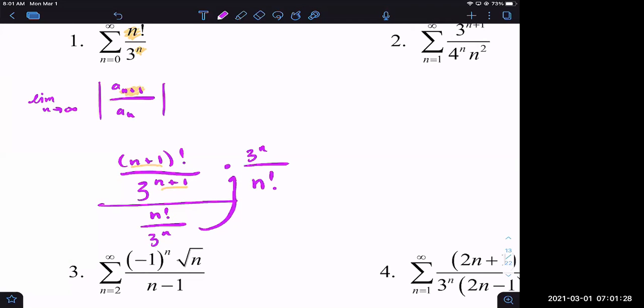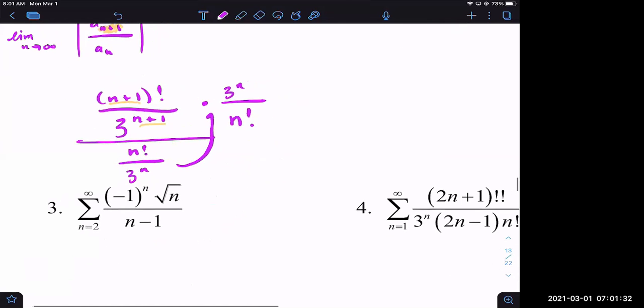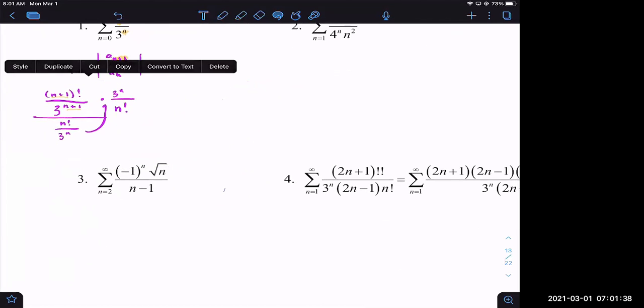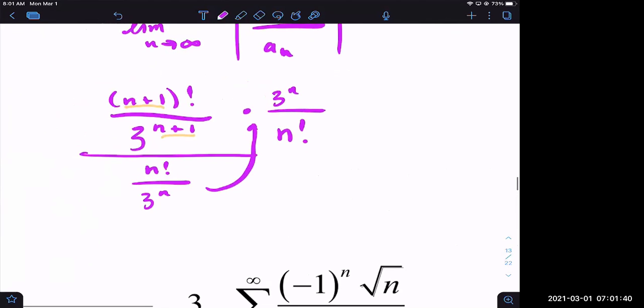Okay, so we have the ratio. Now we need to simplify this. Let's deal with the factorial first. If we have (n plus 1) factorial divided by n factorial, what do you guys think that reduces to?